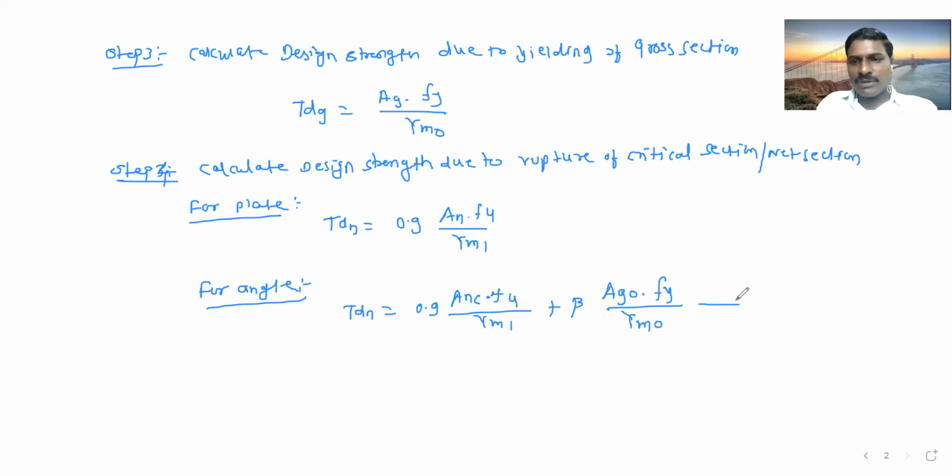This formula we have seen. And one more formula we have seen for the angle, that is TDN is equal to alpha An into Fu divided by gamma M1. I think this formula is correct. Second.